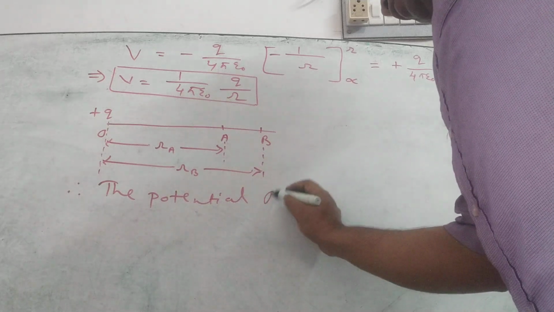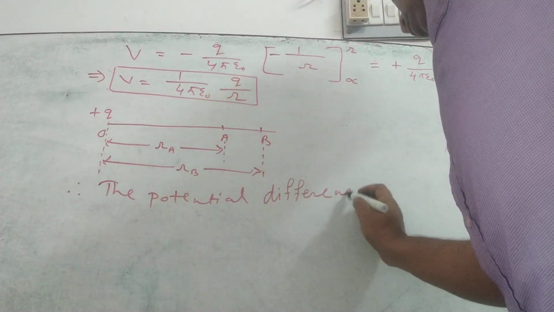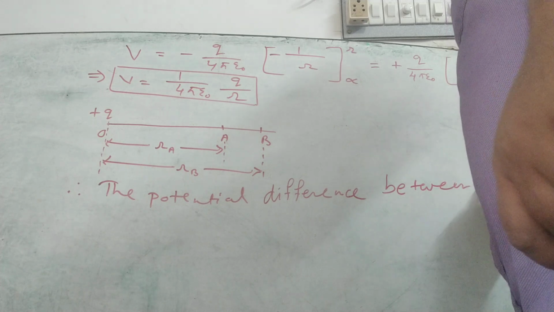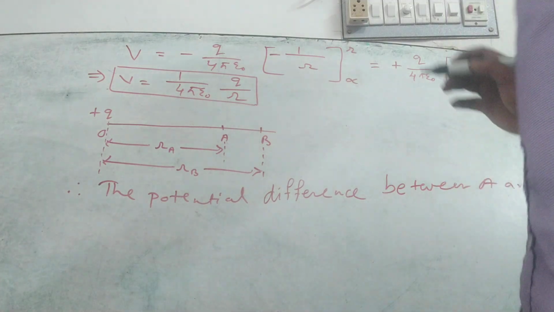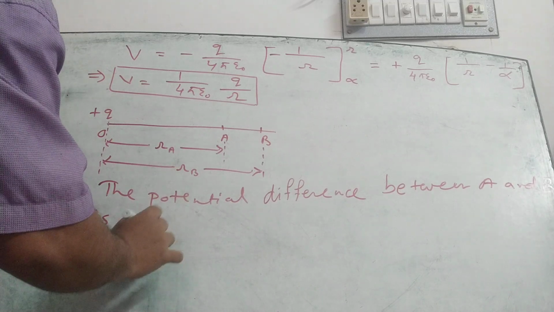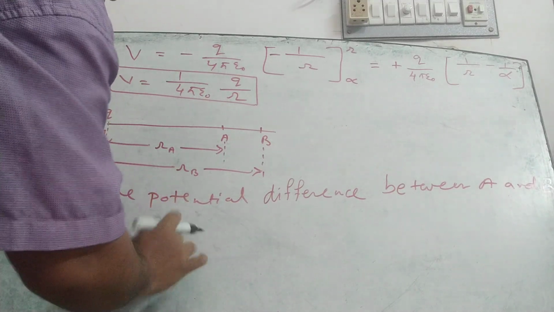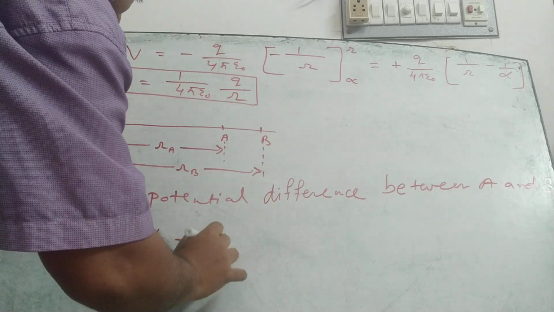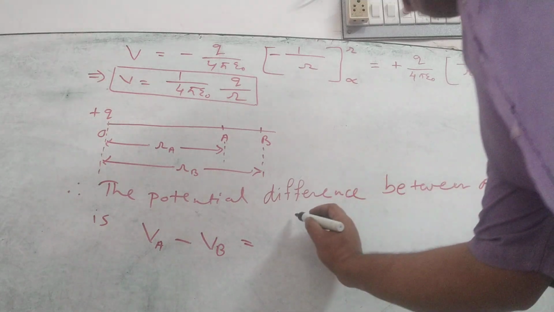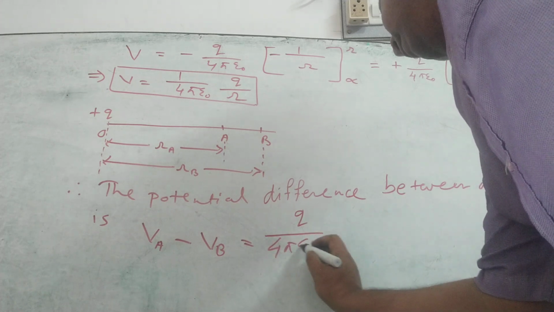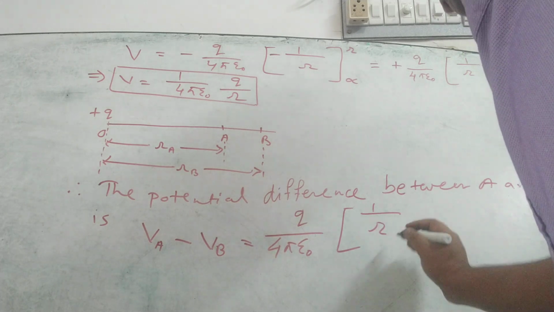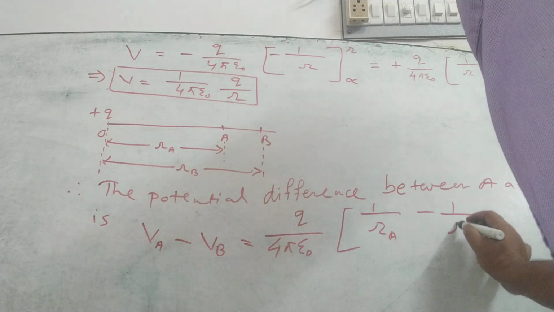The electric potential difference between A and B is V is equal to VA minus VB is equal to q by 4 pi epsilon 0 into 1 by RA minus 1 by RB.